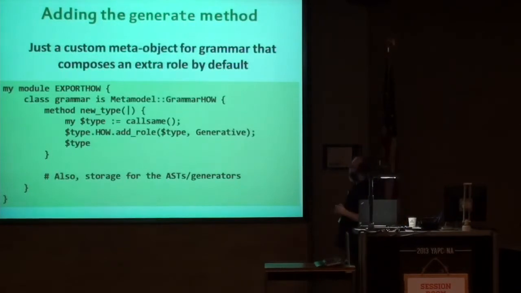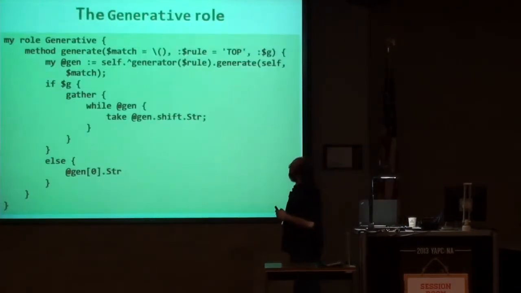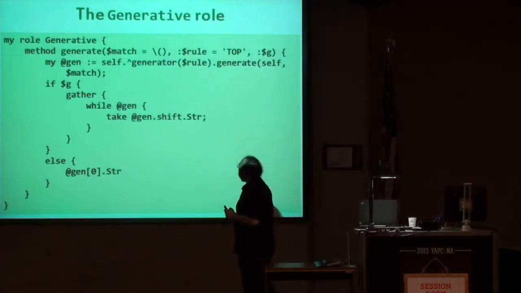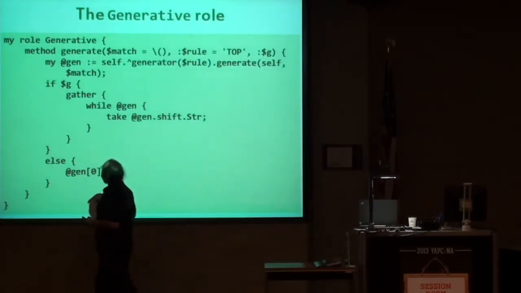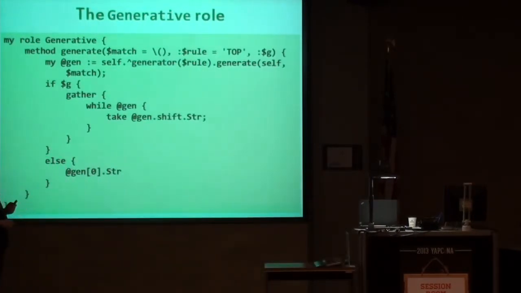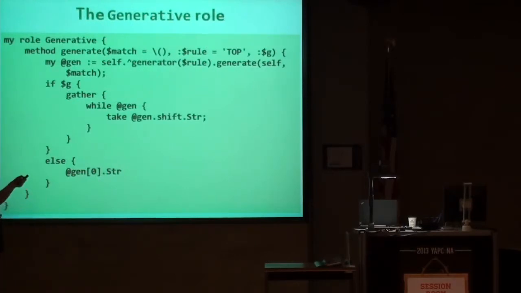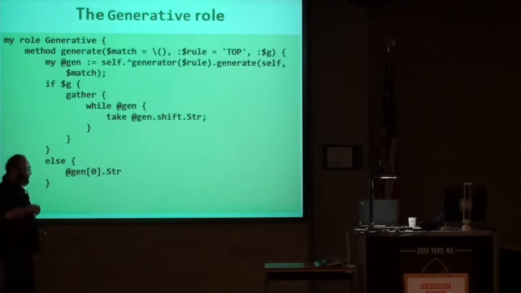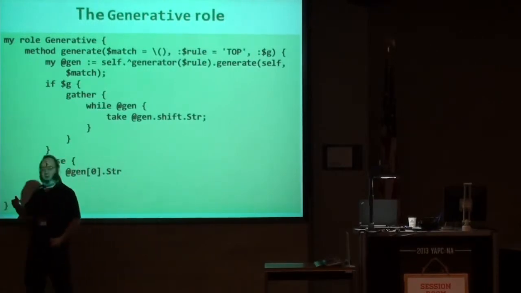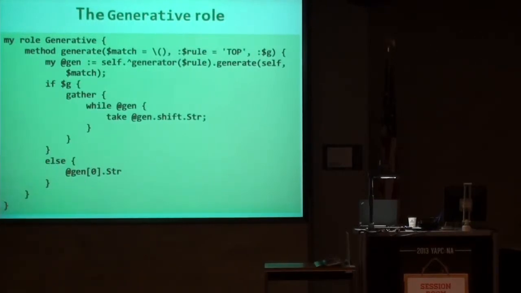So what about the generative role? Well, this is where we start to get into the generation. So let's take it piece by piece. There's only one method in this role. It's called generate. It takes the thing that we're going to use to generate from. It takes the rule to start generating at, which defaults to top. And there's a :g, which means do I want all of the possible matches, or all the possible generations in this case, or just one.